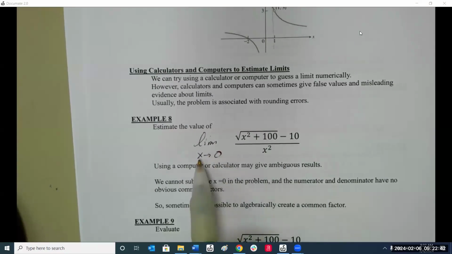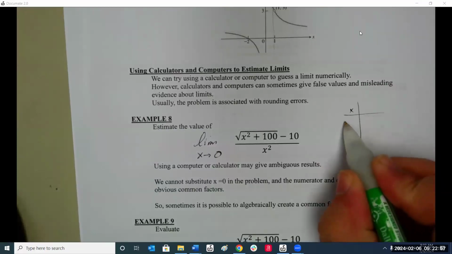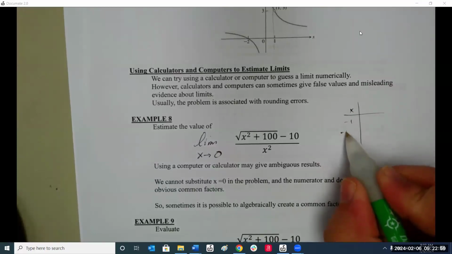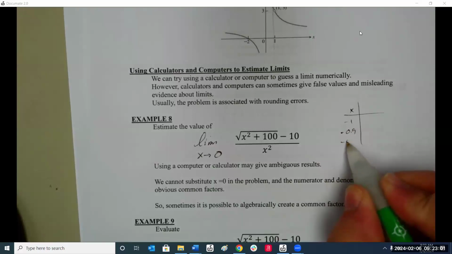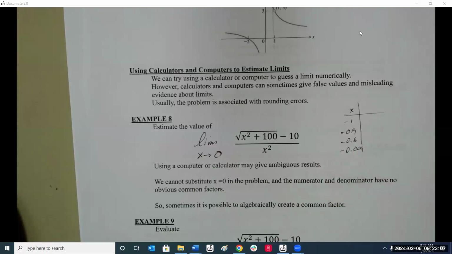Let's say you're using Excel, you'd go from x equals -1 decreasing toward zero, getting smaller and smaller. So the x's you would use, you'd go from -1 to -0.9, -0.8, down to -0.009.